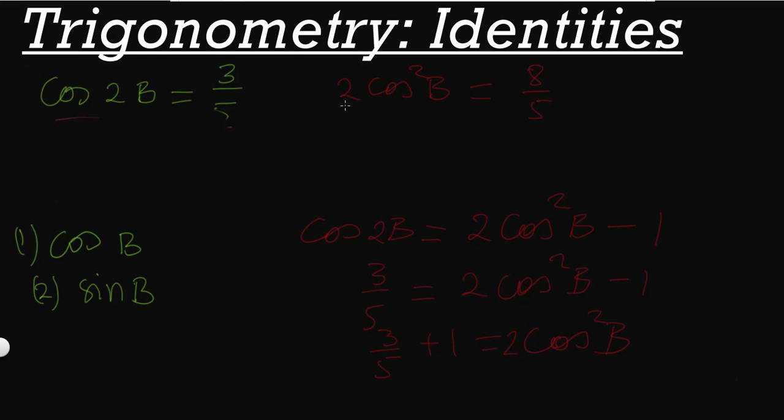So you divide both sides by 2, and you will have cos squared beta equal to 4 over 5.